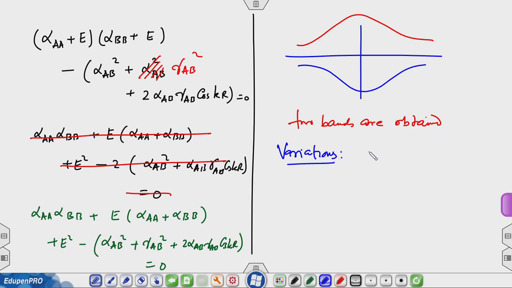There are variations to this problem. You can have the same atoms forming the basis. For example, it could be a diatomic molecule that could be sitting on the basis. In that case, you would have alpha A A equals alpha B B. So, that is one variation. Another variation could be that the distances between the atoms remain the same and the atoms become different.